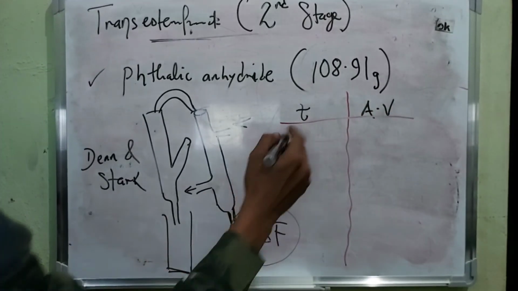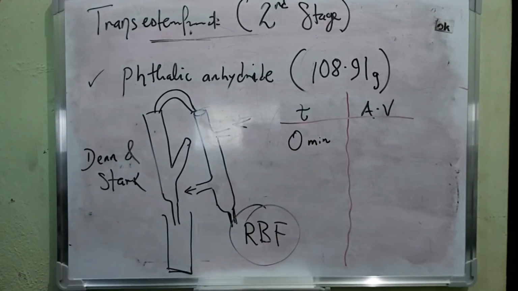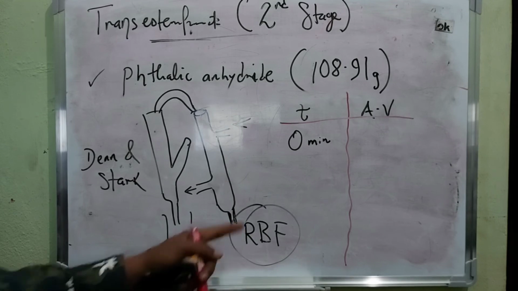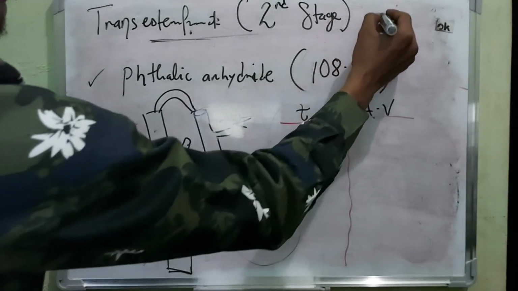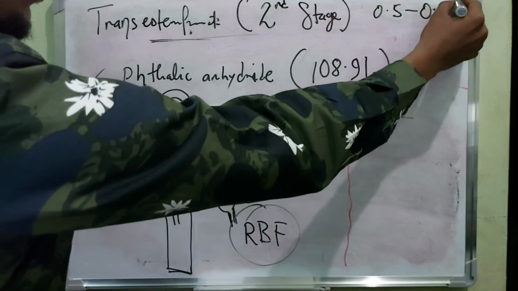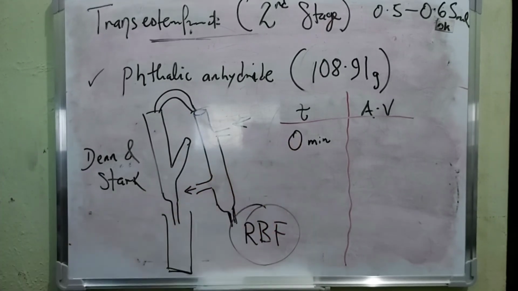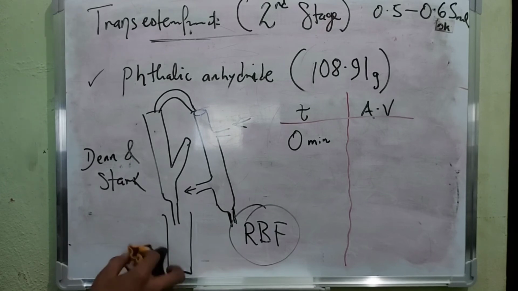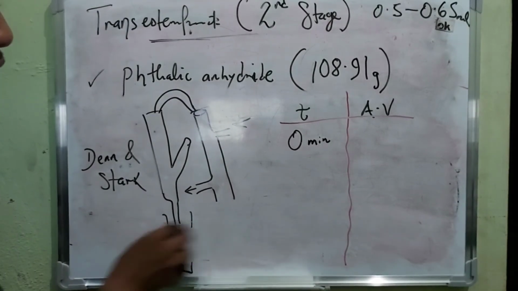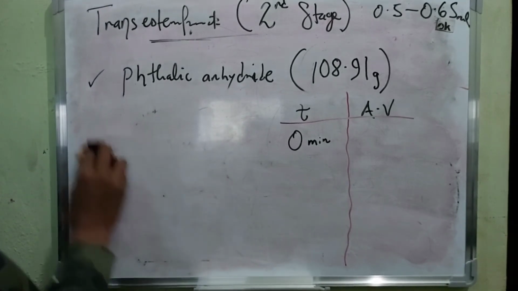So at an interval of 0 minutes, once you've started the reaction, after a minute, start to take your acid value determination. What it means is that you withdraw aliquots between 0.5 to 0.65 ml of the reaction system at 0 minutes and determine its acid value. And for you to do the determination of acid value, this is where you have to titrate the aliquots which you've taken.